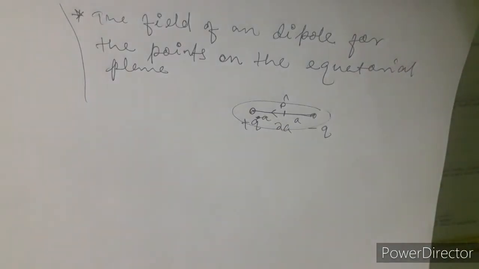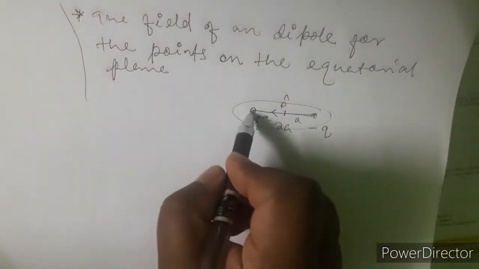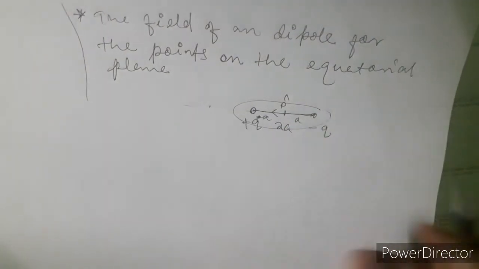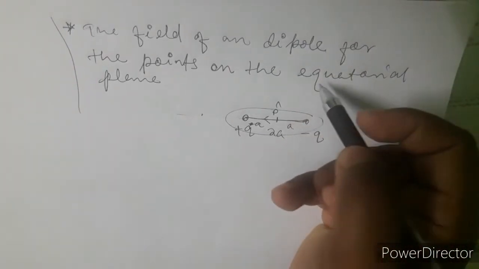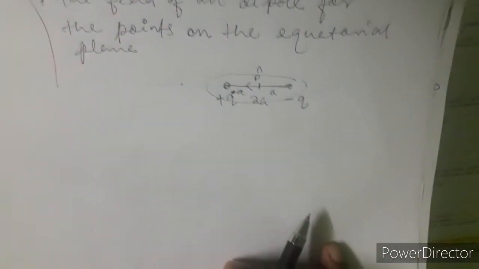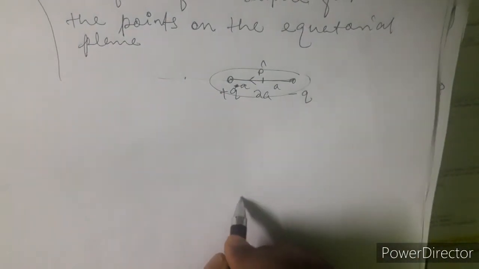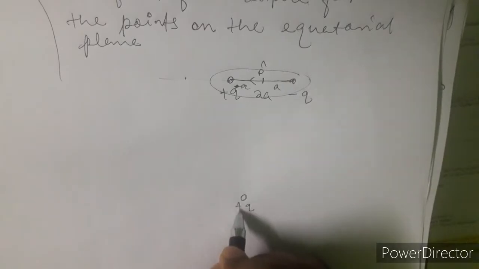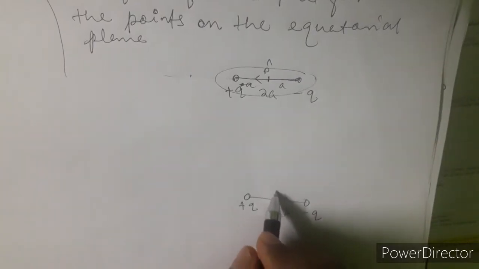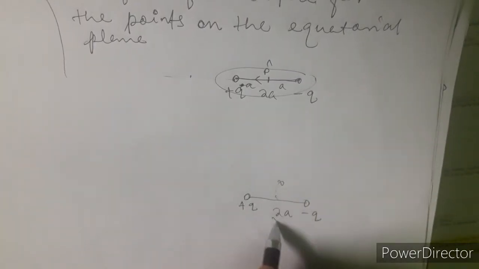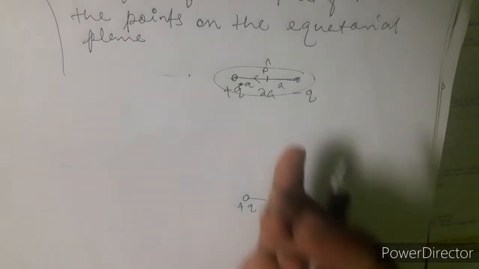In the last video we calculated the electric field due to this dipole on a point on the axis. Now we will calculate the electric field of a dipole on the equatorial plane. So how will you draw the equatorial plane? Let us draw another diagram. This is your plus q charge, this is your minus q charge, separated by a distance 2a. This point is the center, the bisector of this line.